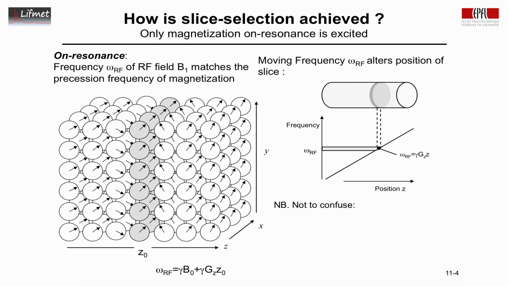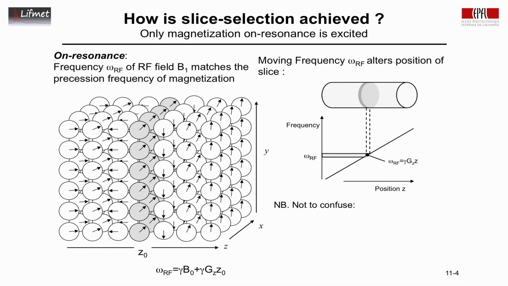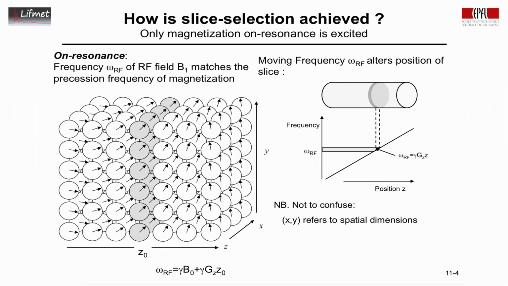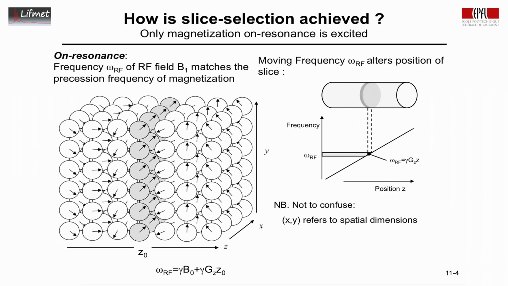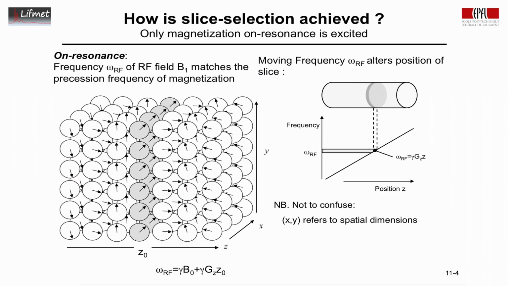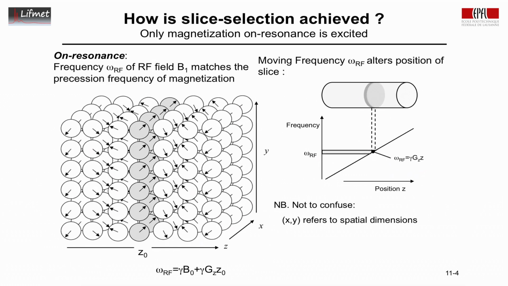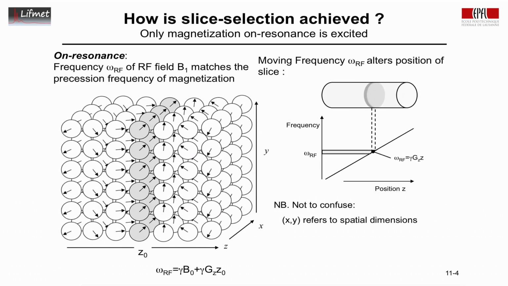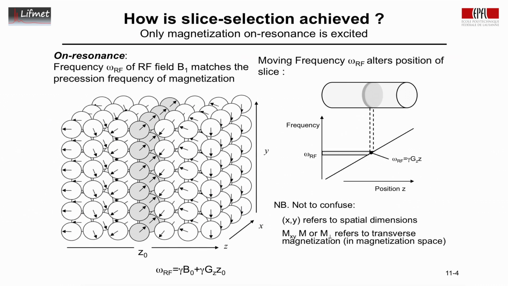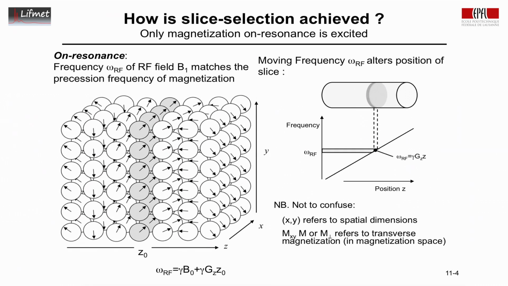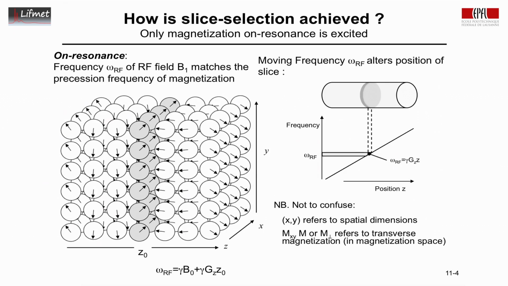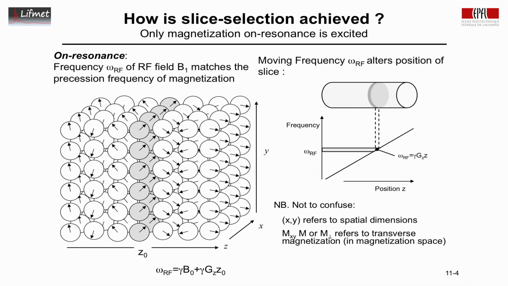Here I would like to make a side point, which is important: we should not confuse two things. Typically we refer to x and y as the positions in space, in real space. So z is this direction, x is typically this direction, and y is typically this direction. Mxy or M perpendicular refers to the transverse magnetization.